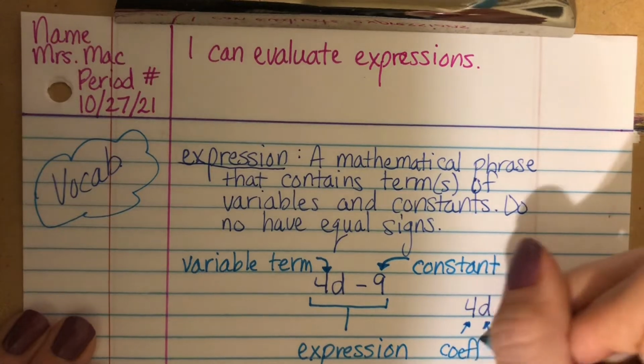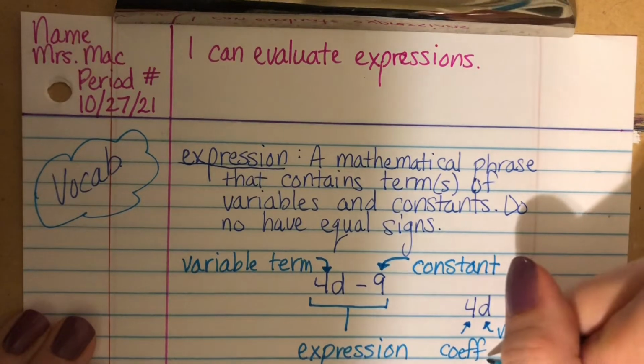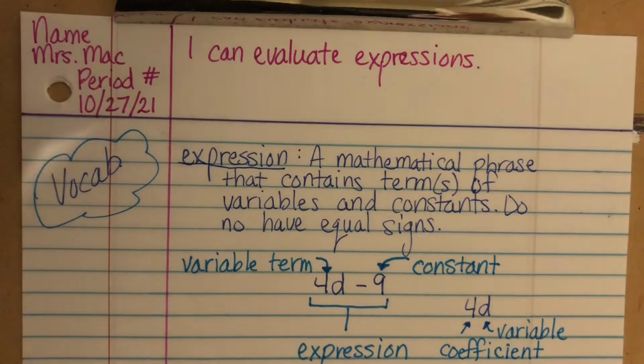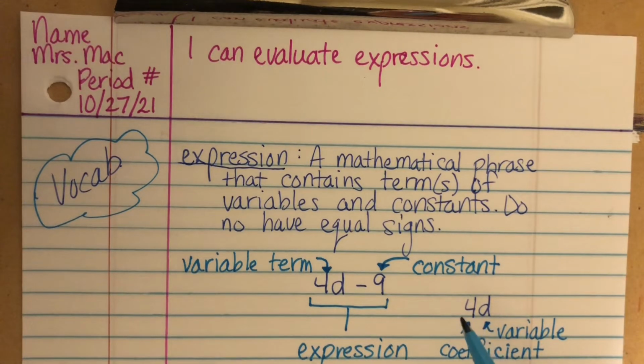I want to make sure I point out what these things are because I'm going to talk about them a lot, and I don't want you to be confused as to what I'm talking about. So the coefficient is always working with your variable. It's like a coworker, okay? And it basically tells us how many times the variable is going to be multiplied by itself, or how many times you're going to multiply the variable. So whatever D is, we're multiplying it by 4, basically. Okay.